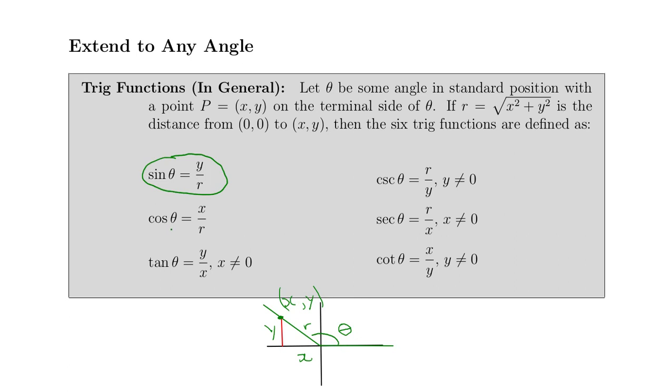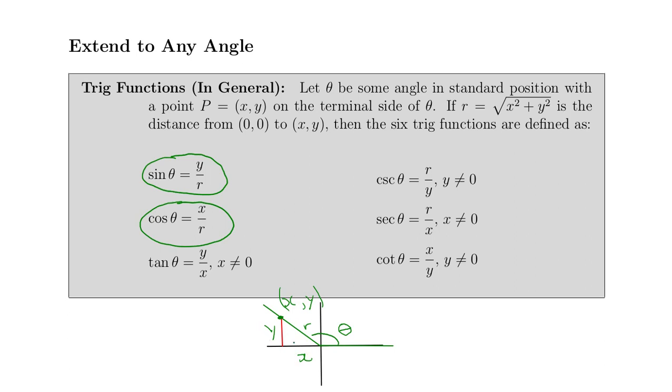For cosine theta, we're going to do the same thing. We're going to say it's the adjacent leg, but it's not really of that angle. It's this little inside one. It's the supplementary angle in this case. We're going to say there's an adjacent leg here, x, over our hypotenuse, r. So cosine is still adjacent over hypotenuse. And for tangent, it's going to be opposite over adjacent, so it's y over x.